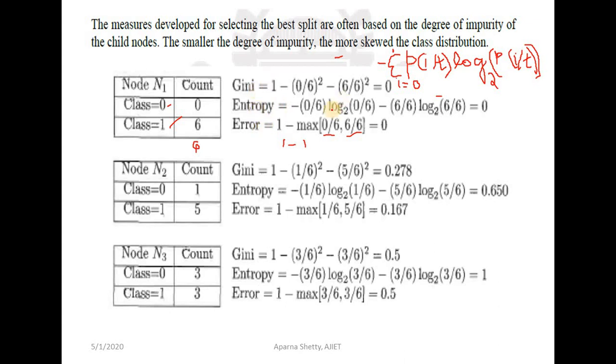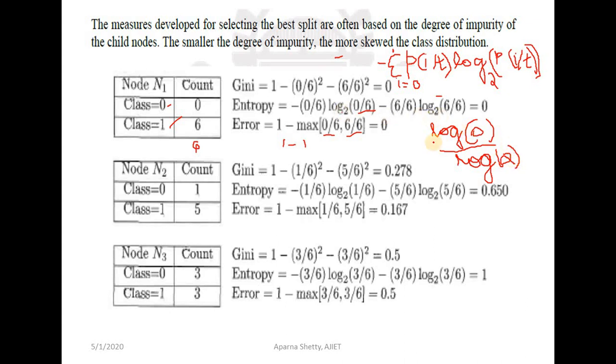One more thing that you have to remember here is you have log to the base 2 of 0 divided by 6. When you are calculating, first you have to calculate 0 divided by 6, which is 0. Then you have to calculate log of 0 divided by log of 2, because it is base 2 over here.